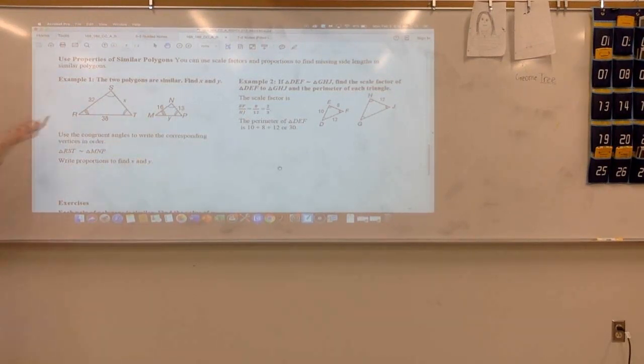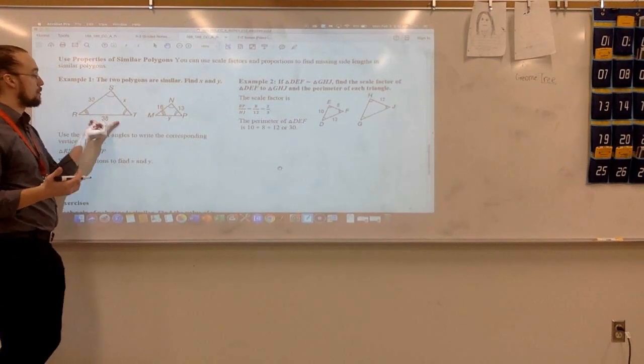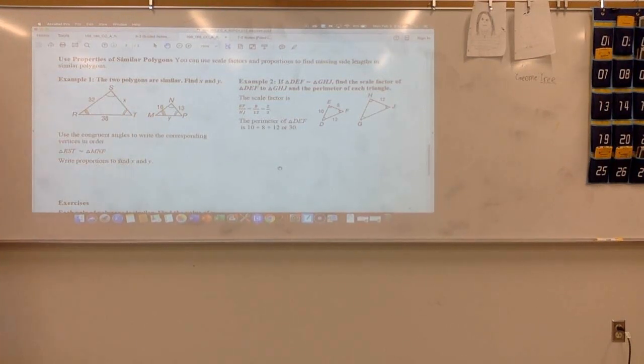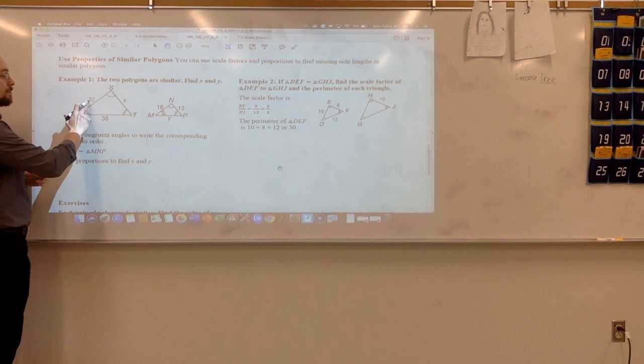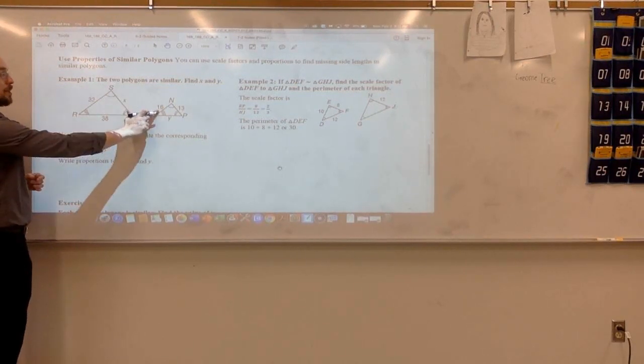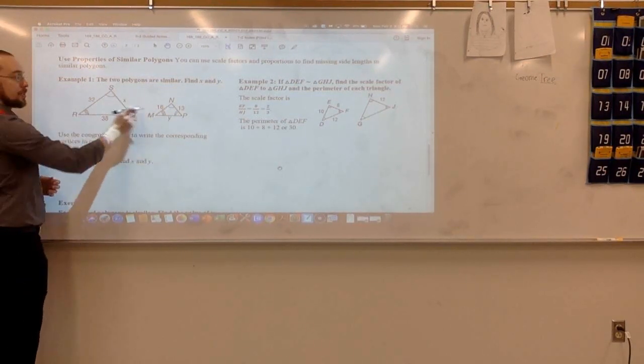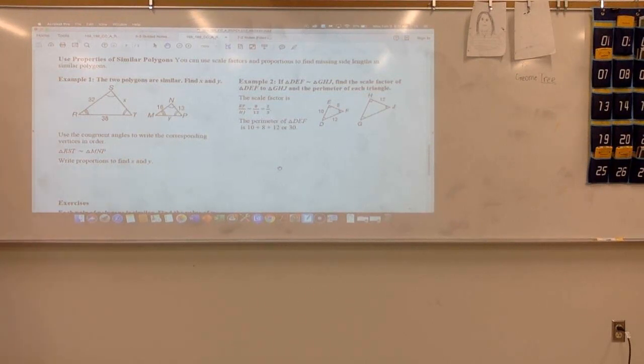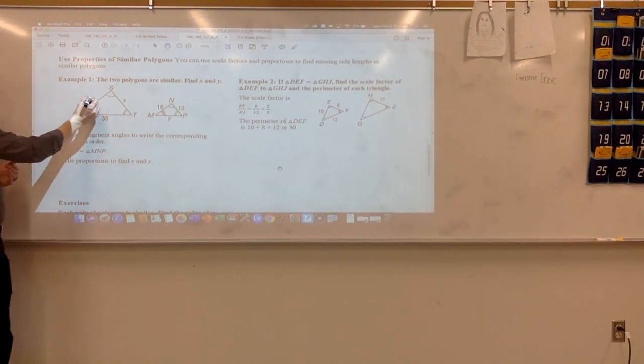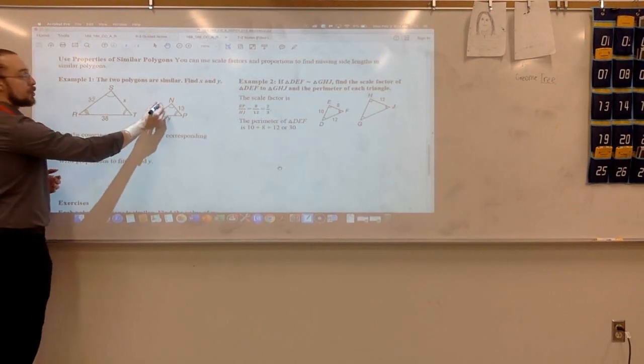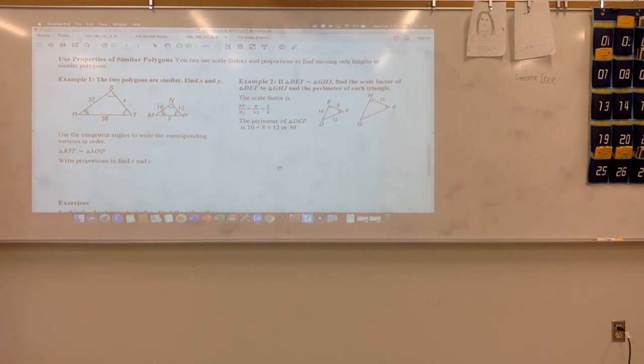Right? Now, these are arranged nicely, so it's really easy to see which sides correspond. Right? I can see that the 32 and the 16 correspond. Right? When I'm writing a proportion, I need to make sure that at least one of the fractions just has numbers in it. I only want to have one variable in my entire equation.